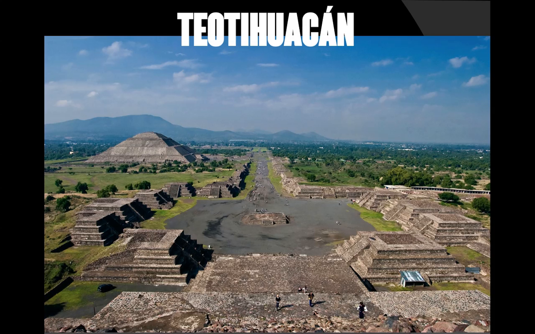And they called this manifestation on earth Tollan, which was a mythic place of origin, kind of like a Garden of Eden in a sense. This would have been thought to be where it all started.